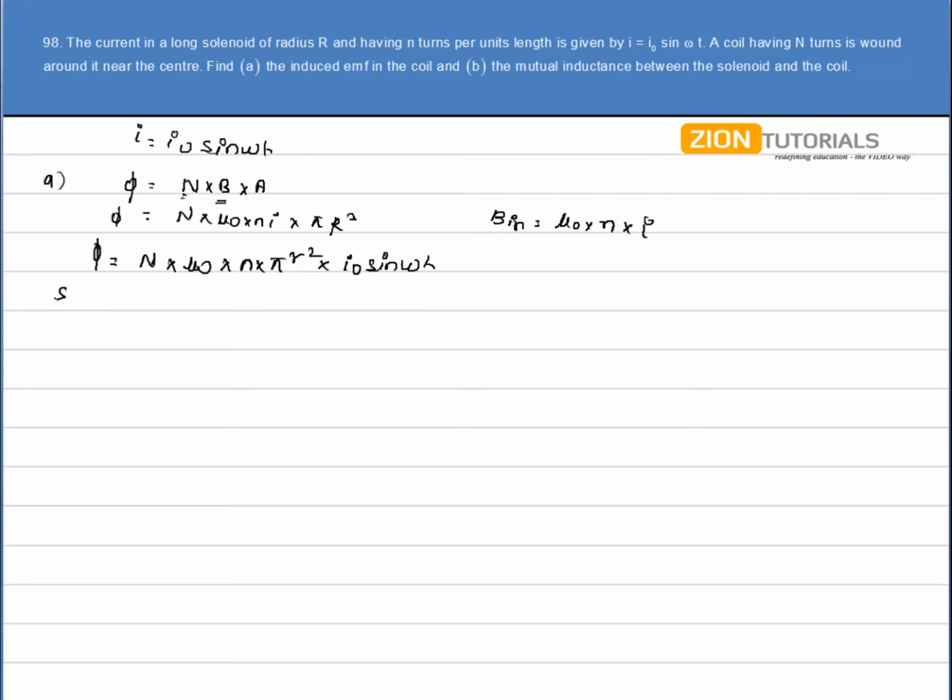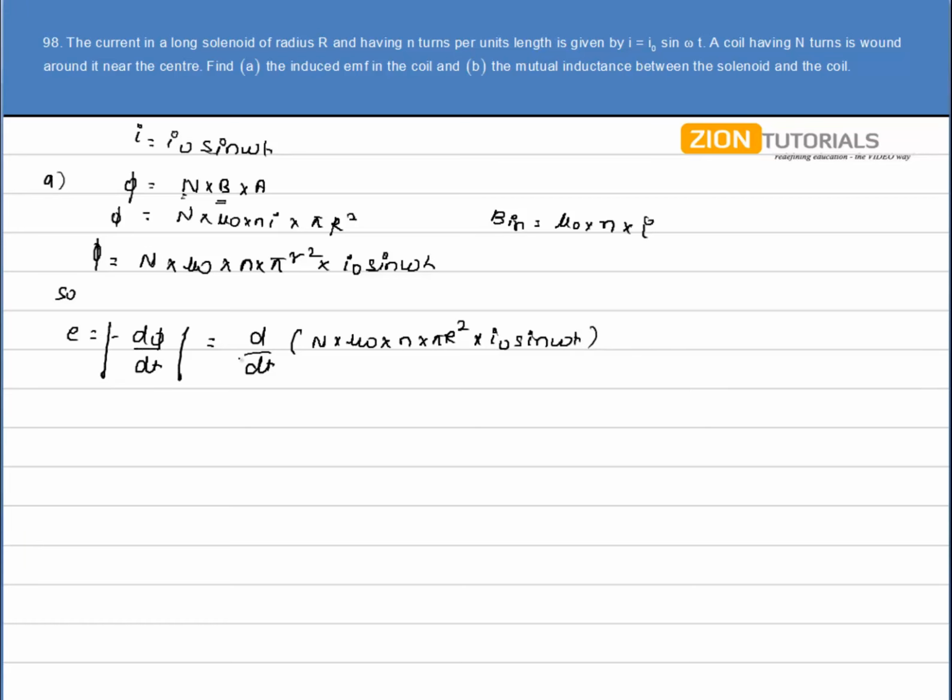So EMF is given by minus dφ/dt. If we talk just about magnitude, then it's the modulus. So I have d/dt of N μ₀ n πr² I₀ sin ωt.